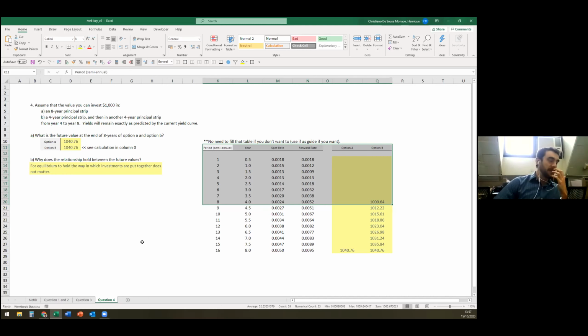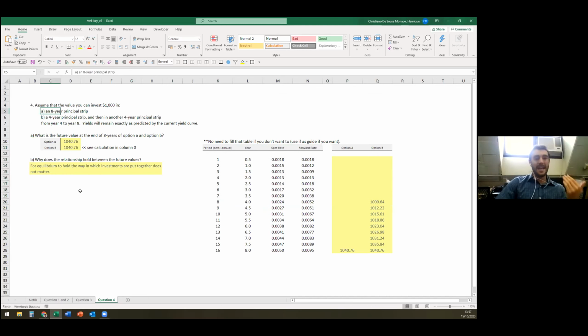Okay, so you have first here option A, where you buy an 8-year principal strip bond. Remember, the principal strip bond is essentially you're getting a bond and you strip out just the principal, so you don't get any coupon payments on that. So it's essentially a 0 coupon rate bond.